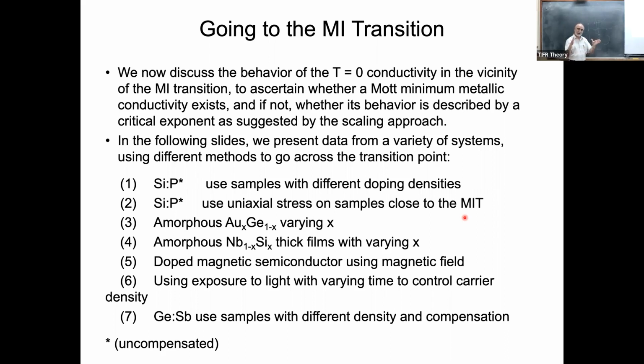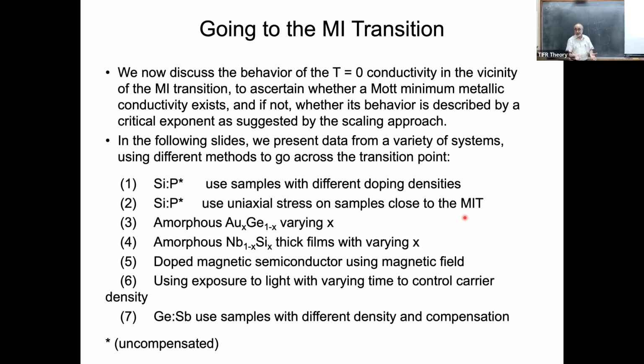Now you can see that if you put uniaxial stress, then the valley that's along the stress is different from the ones perpendicular to it, and so they will no longer have the same energy, so there'll be sloshing of electrons from one to the other.